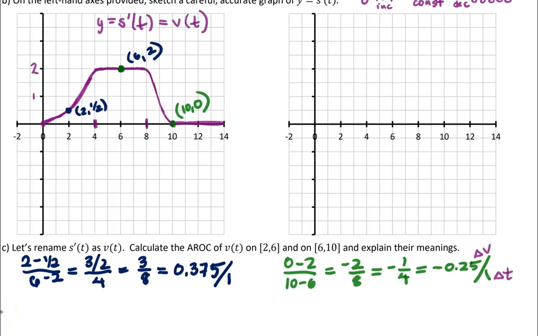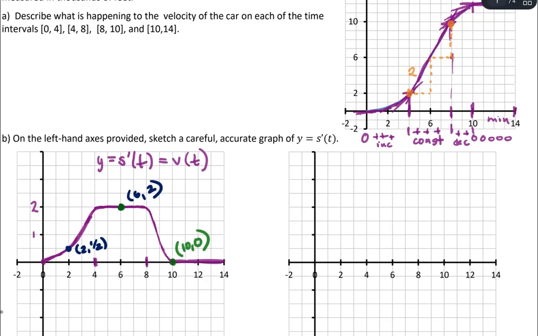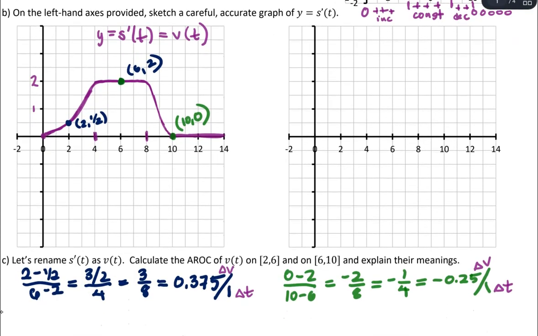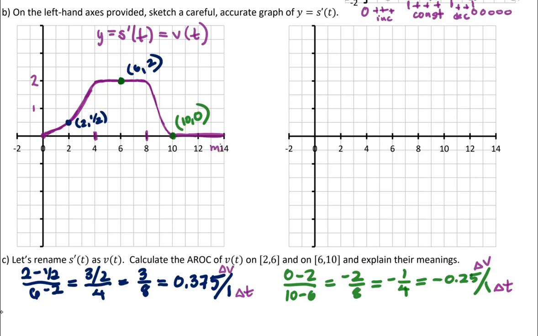All right, let's look at what each of those mean. So remember, this was average rate of change for the function above, which was the velocity function. So this is change in velocity over change in time. And let's go back and make sure we're clear on what the units on that velocity function were. So remember, up above, we had thousands of feet and minutes. So when we make the derivative, this is still minutes.